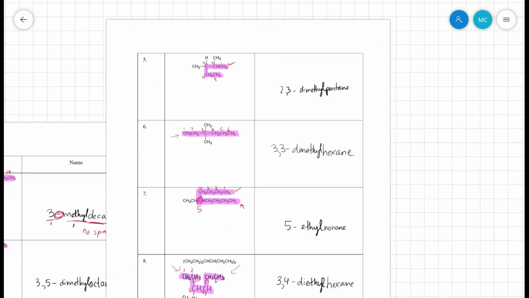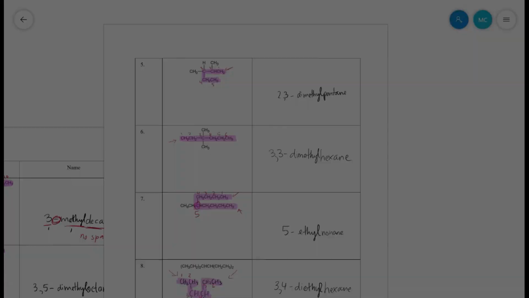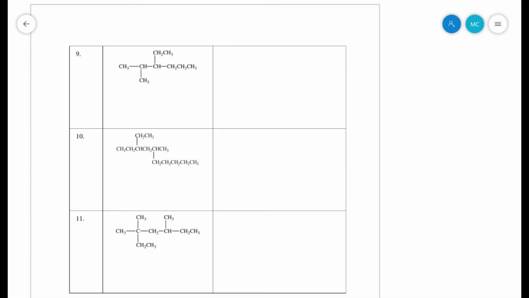so this is number 5 through 8. So for number 9, the longest chain possible is this way. Pretty straightforward, right? And then the way we number it, so there are 6 carbon atoms, so this will be a hexane.